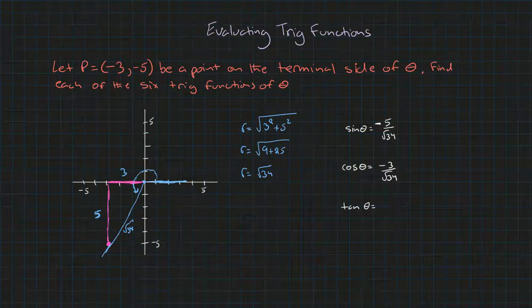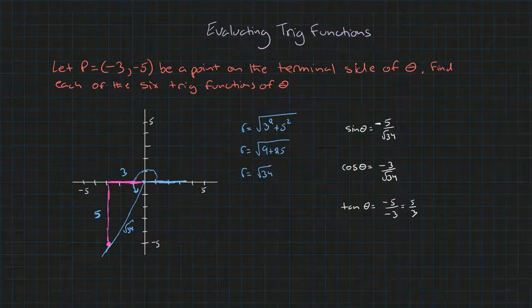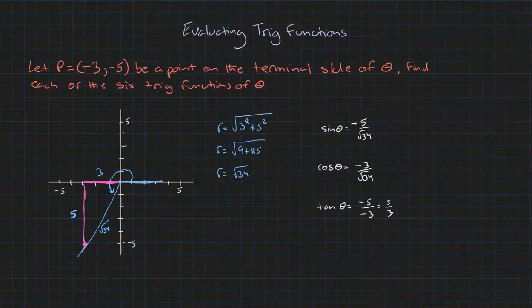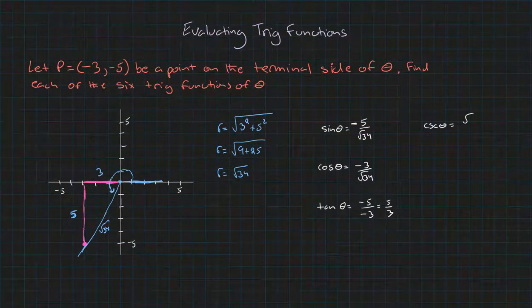Tangent of theta is going to be y over x. So -5 over -3, which is 5/3. And then we can just take the reciprocal properties. So cosecant is root 34 over -5.